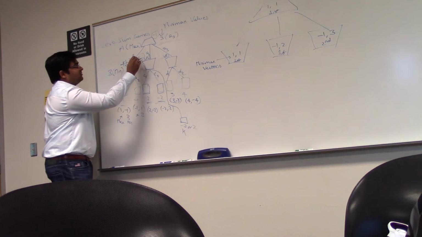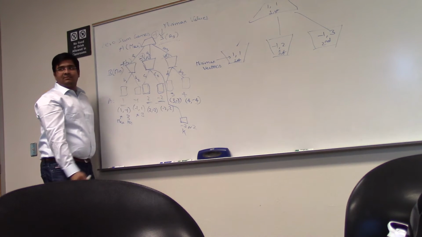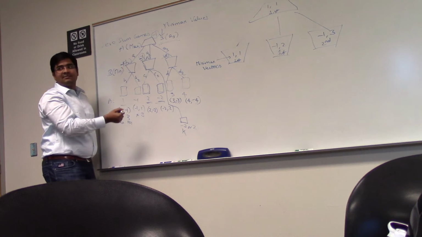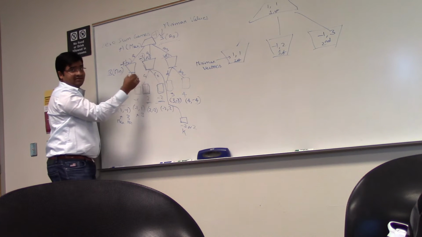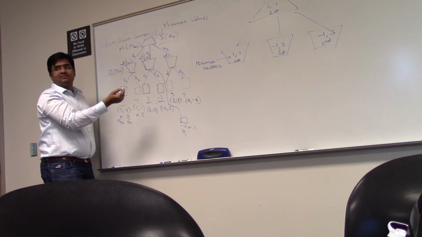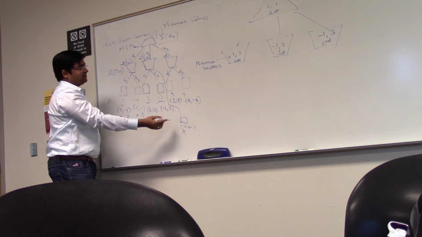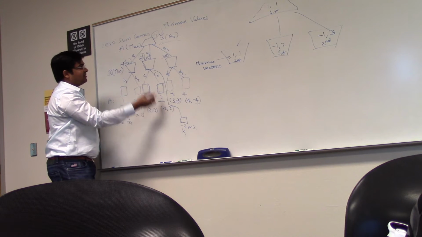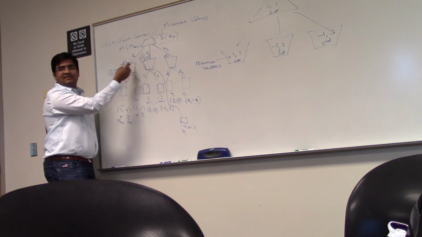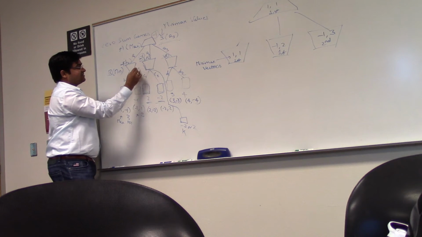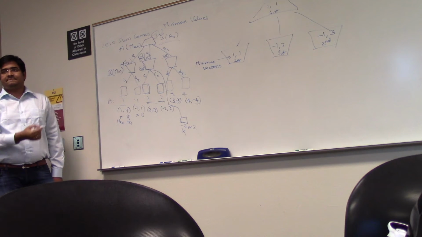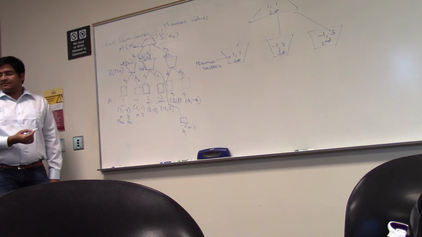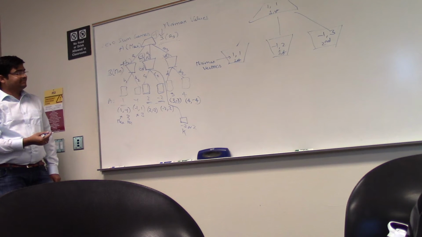Because I know that I already have an option of -1 with me through another branch, and here the best I could do is less than or equal to -2, right? So I don't need to care about anything here. If it's better than -2, I'll still take -2. If it's less than -2, I'll take whatever that is, -3. Anyway, this will lose against this -1 option which the parent has, right? Is it clear?